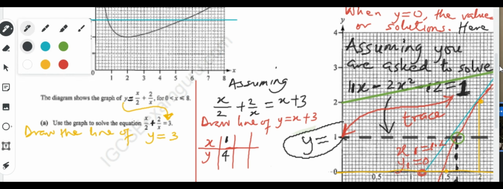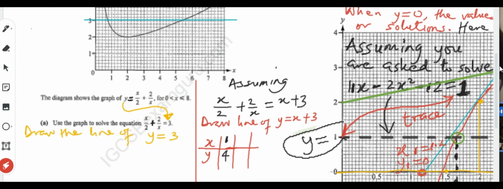Also, which other one did you say I should use? Do you know you could actually have 3 and 0? The intercept is already given. What's the intercept? The intercept is 3.